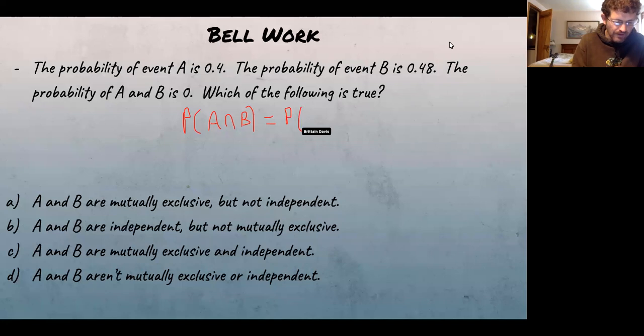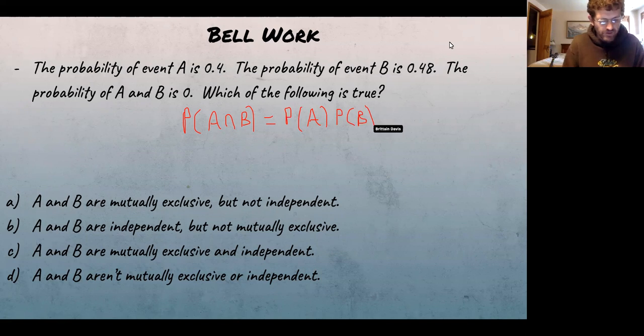So if I just remember that from yesterday, the probability of A and B has to equal the probability of A times the probability of B if they are independent.